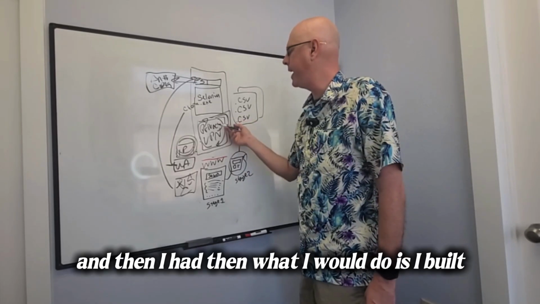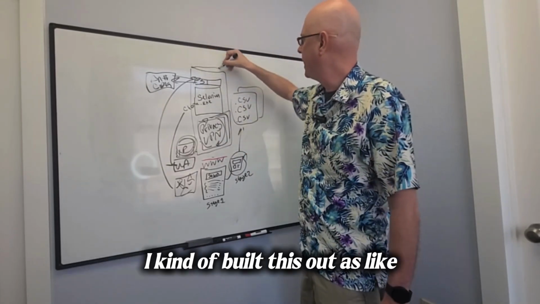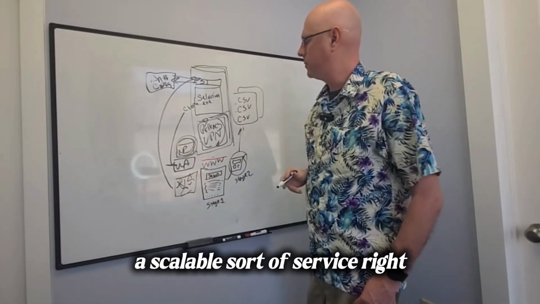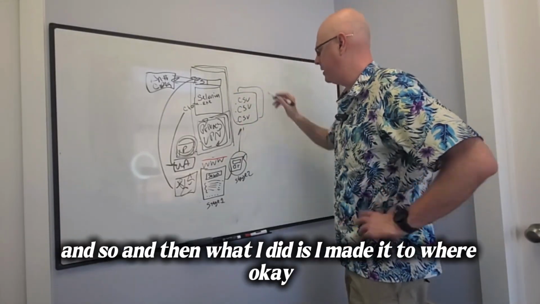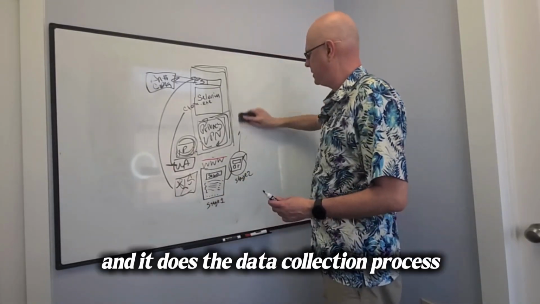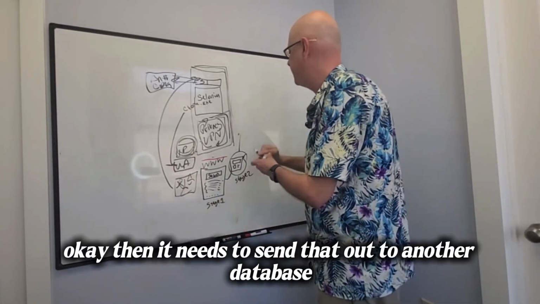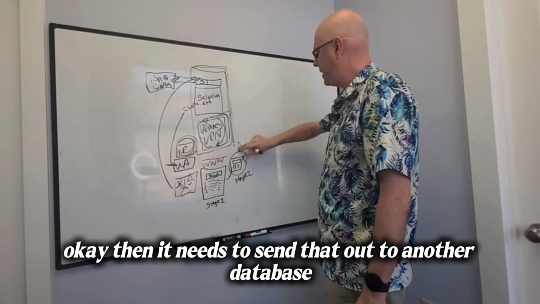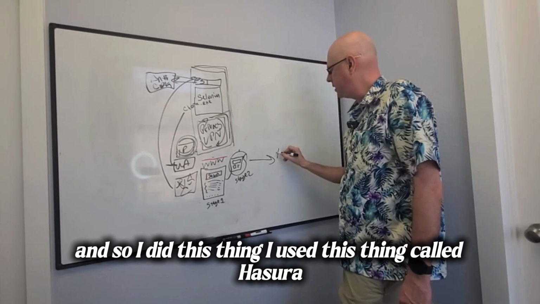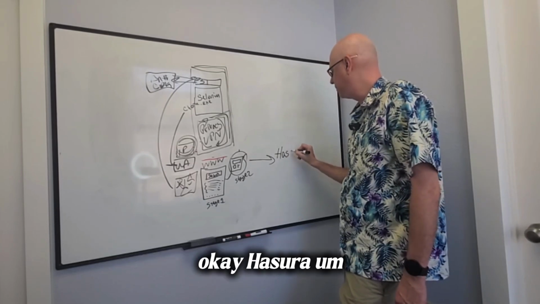And then I built this out as a scalable sort of service, right? When it does the data collection process, it needs to send that out to another database. So I used this thing called Hasura.